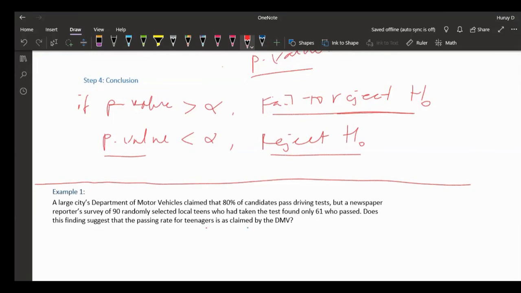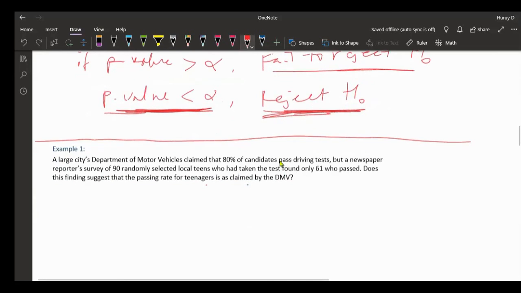So based on what we have, we cannot agree with the null hypothesis, so we fail to reject it. But if I have enough evidence, I reject the null hypothesis and I agree with the alternative hypothesis. Okay.